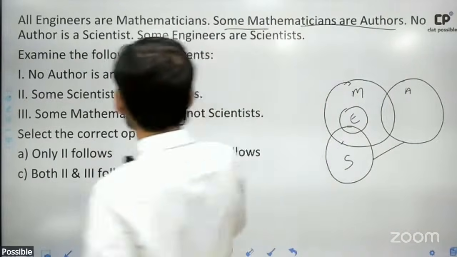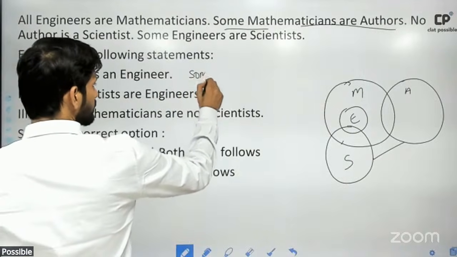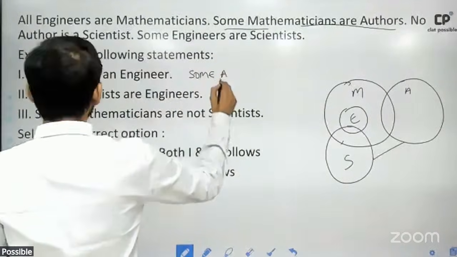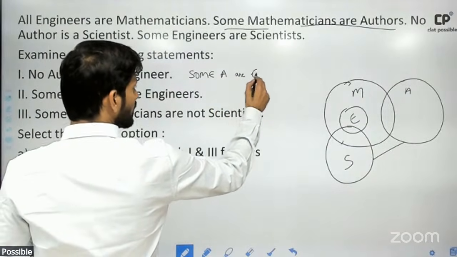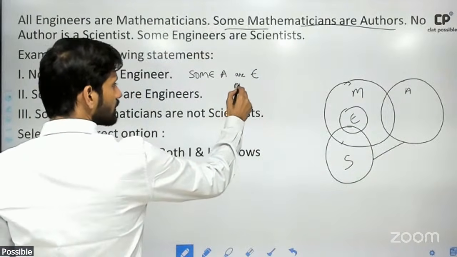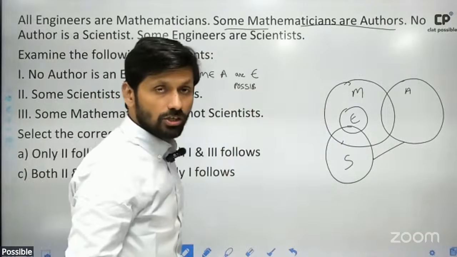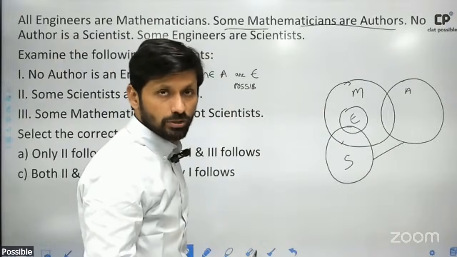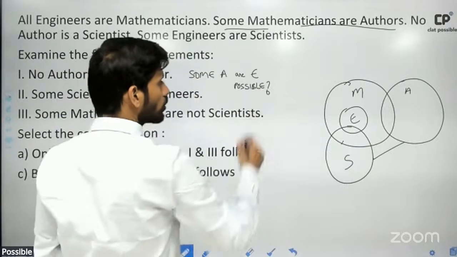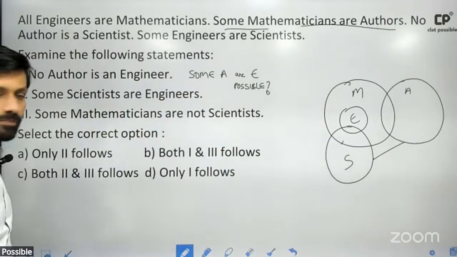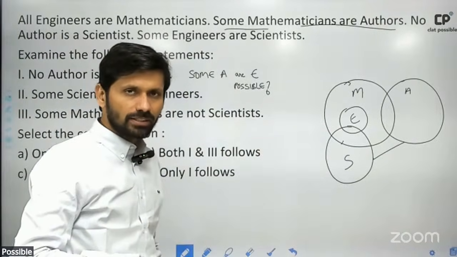So what we do is we check some authors are engineer, whether it is possible. We are not checking whether it is true or not. We are just checking whether it is possible or not. Okay, author और engineer में overlap हो सकता है without violating any of the statements.